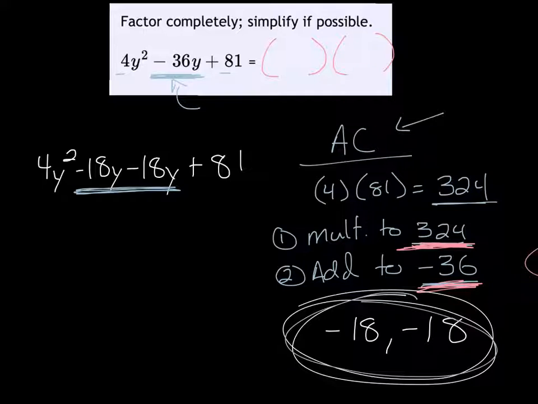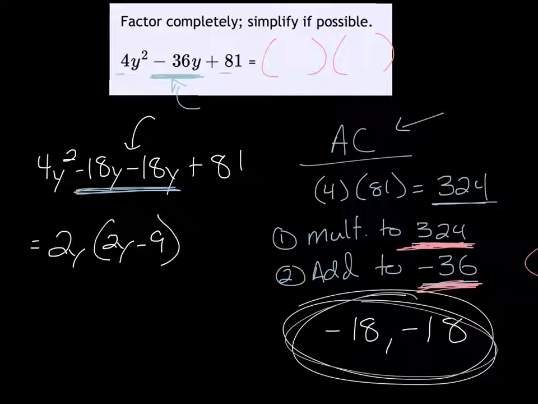Now all I need to do is factor by grouping. I need to be aware of the negative in the middle term, then factor a negative out of those last two terms. The greatest common factor between 4y squared and 18y is 2y, leaving me with 2y in the first term and minus 9.